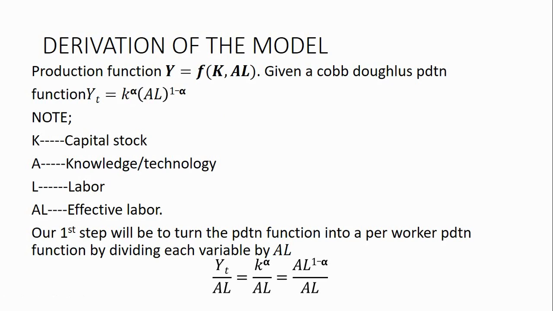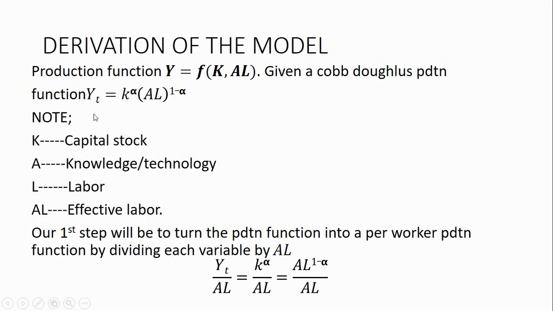Cobb-Douglas production function. Now remember, we said that our production function exhibits constant returns to scale. We said that technology grows at a constant rate, and we said that output is a function of capital and effective labor. Now this is a given explicit production function that I'm having here.